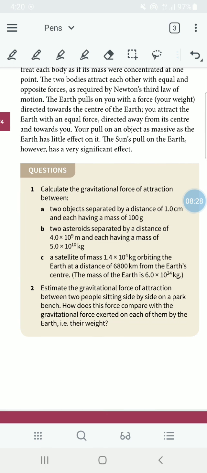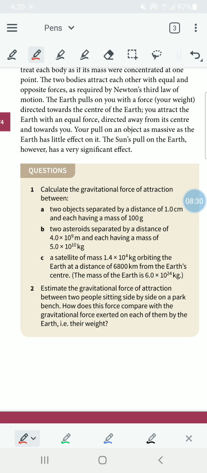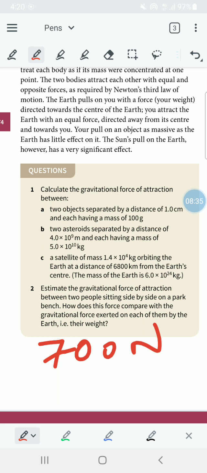So 700 newtons is the weight that they would have, and that against 1.3 into 10 to the power minus 6 newtons is the attraction that they have. So their mutual attraction is very much less compared to the force of attraction by the Earth towards the center of the Earth. So that is your answer. I hope you understood. If you have any further questions, please ask them.